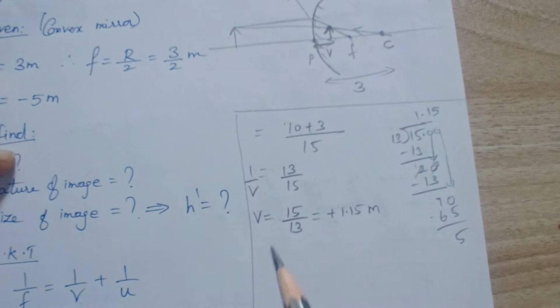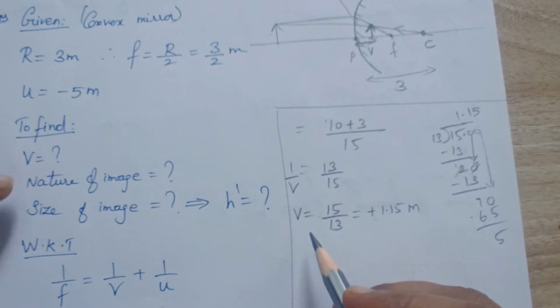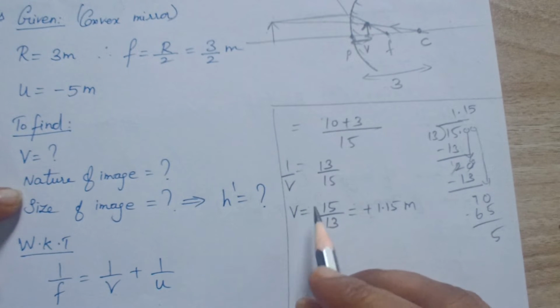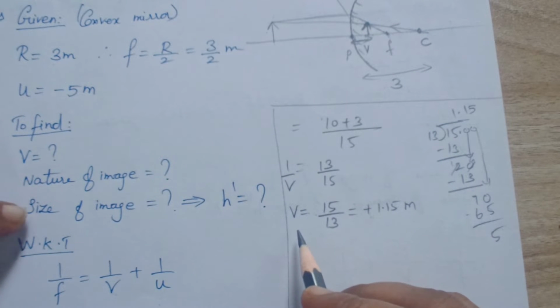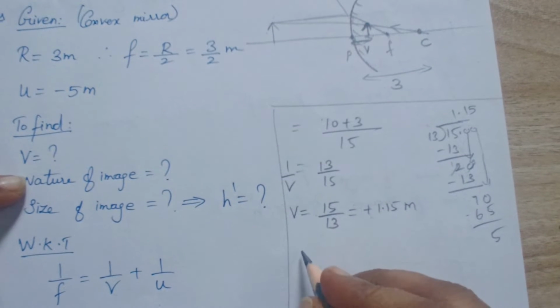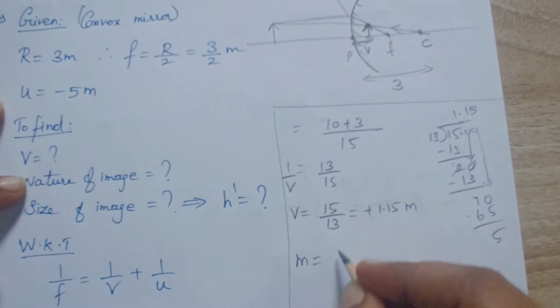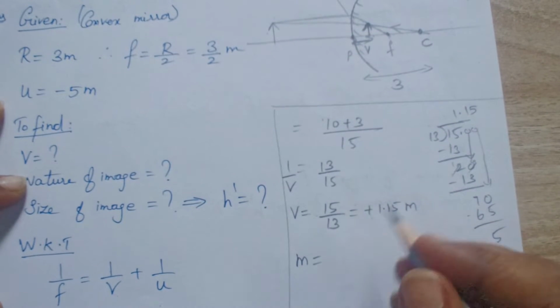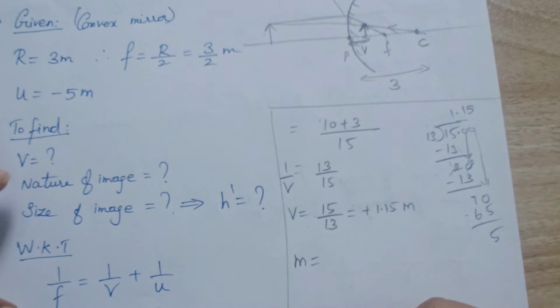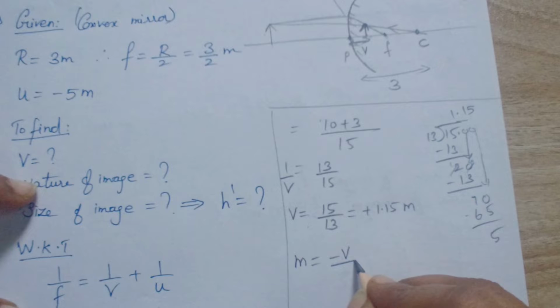Okay, next, you found v. Next we have to find the nature of the image. You find it by magnification. m equals minus v by u, since you have both the v value and the u value.